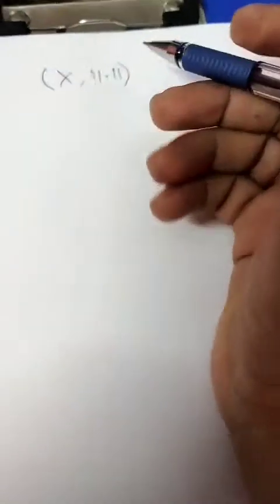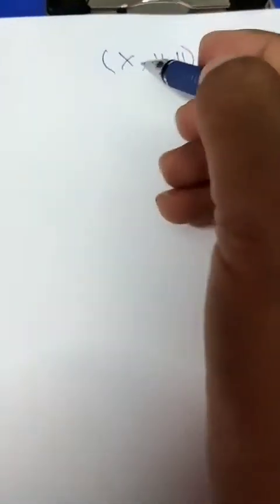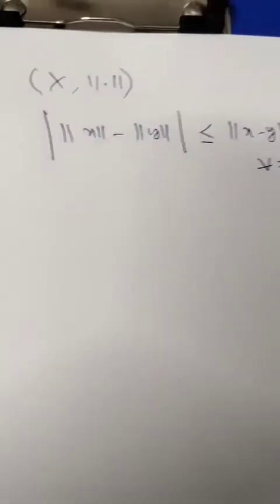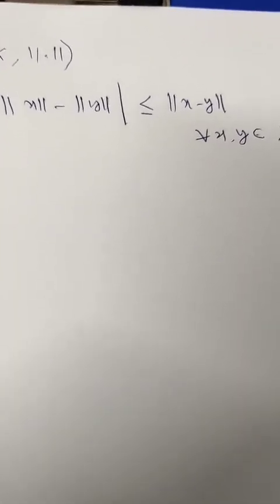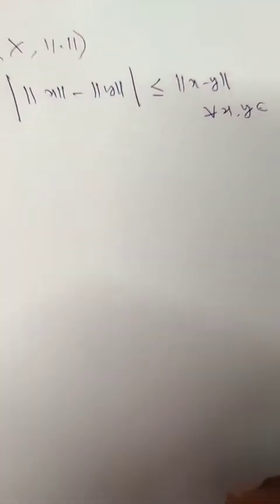Suppose in a normed linear space we have this inequality: the absolute value of the norm of x minus the norm of y is less than or equal to the norm of x minus y. This holds for every x, y belonging to X. You can show this very easily.